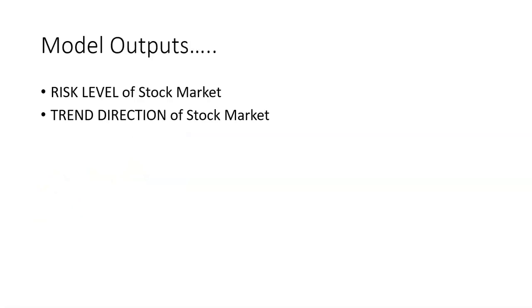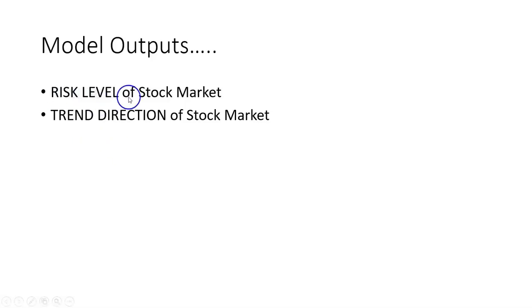So the model outputs, what happens after I look at all that data: I have an indicator that shows me the risk level of the stock market, right? A signal that shows me the risk level of the stock market. And I also then have the trend direction of the stock market. So there's two components to this: a risk component and a trend component.